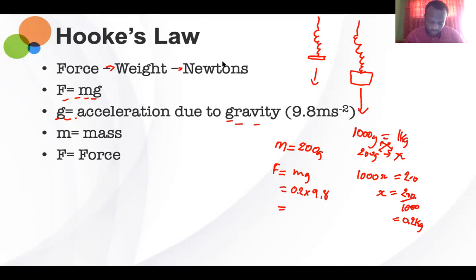Yes, 1.96, and our unit is in newtons, so that would be N. So our force or our weight, remember force and weight is the same thing, is 1.96 newtons in this case.